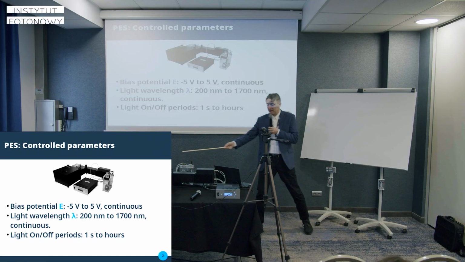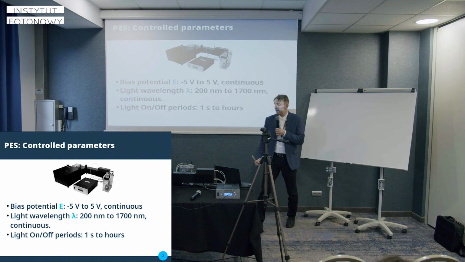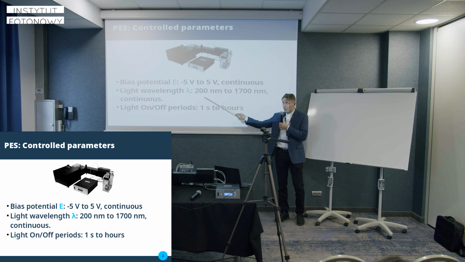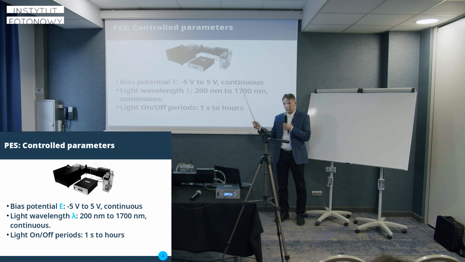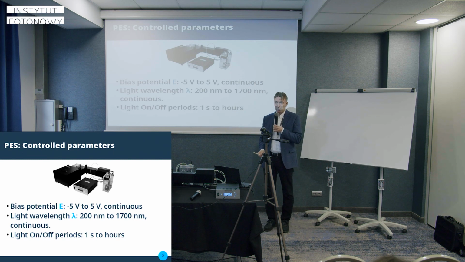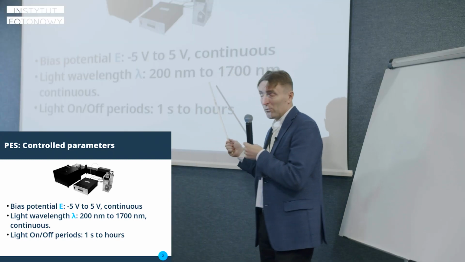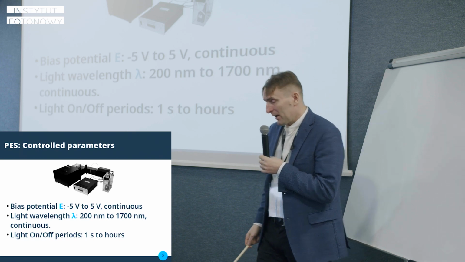And with the monochromator and the xenon light source here, we can deliver wavelengths from 200 nanometers even to near infrared. This unit here is equipped only for up to 1100 nanometers.